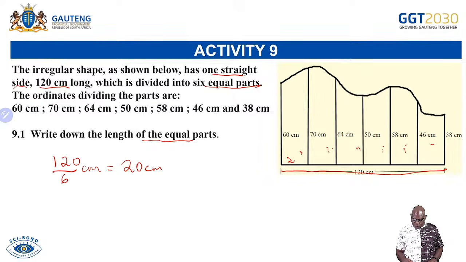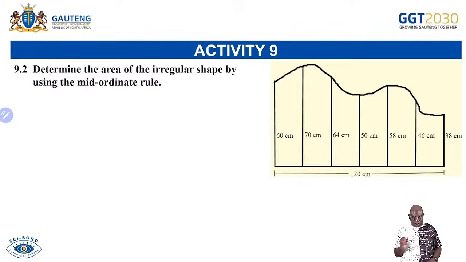So this will be 20 centimeters, 20 centimeters, 20 centimeters. That is a. You go to your formula sheet, you will see it is written a, it's equal parts. Written like that.